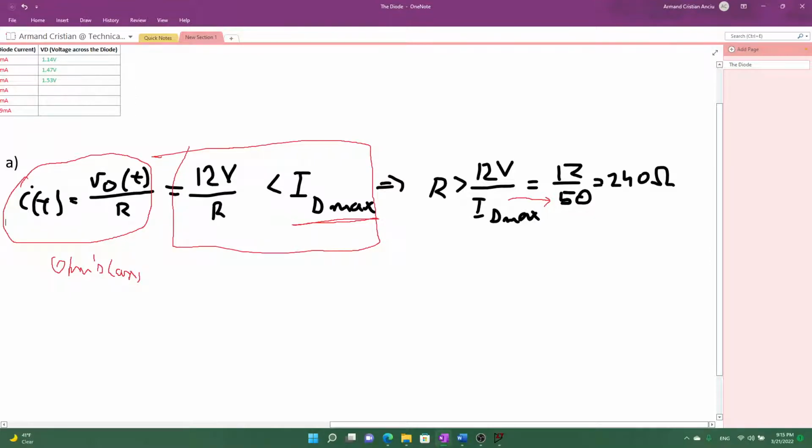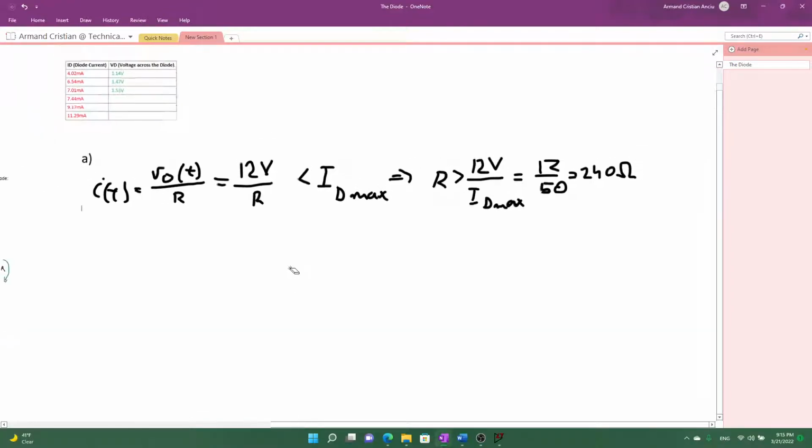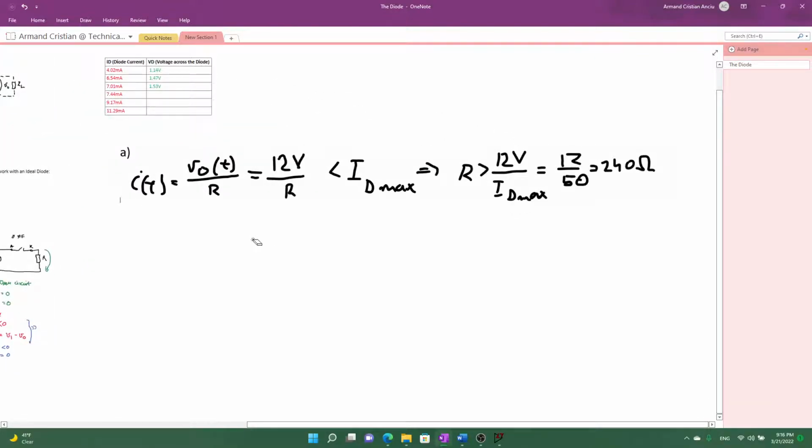It's given as 50 milliamps, and that is equal to 240 ohms. So this is how I solved this exercise. I'm not going to write the entire solution. You have it here, and in case you need it, you can take a screenshot and analyze it yourself.